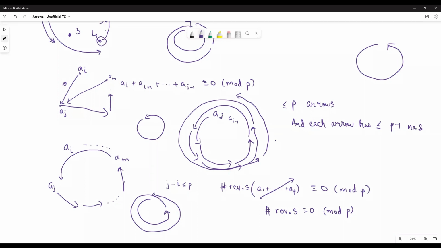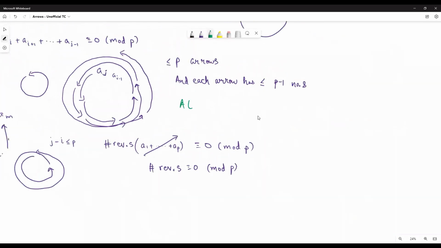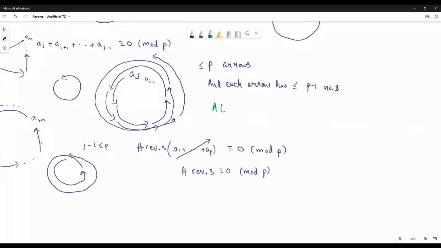Okay. So all arrows, this is getting quite crowded, all arrows have at most p times p minus 1 numbers, which is equal to p times the number of revolutions.